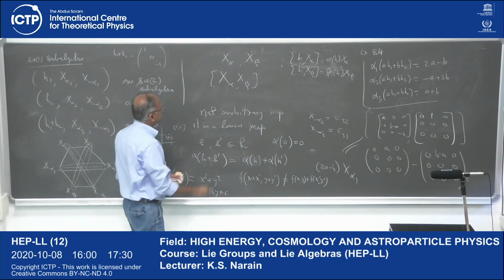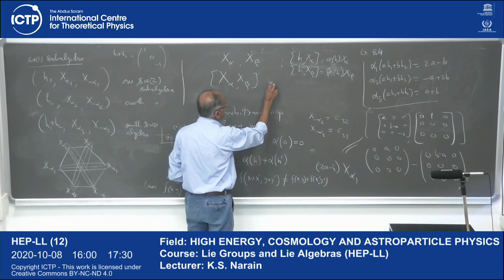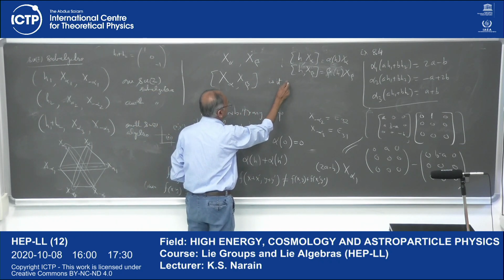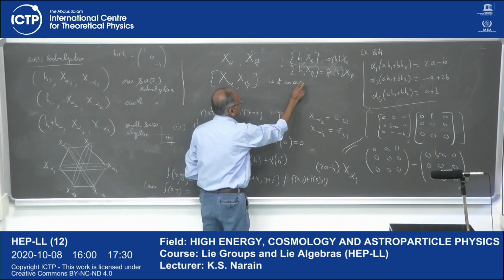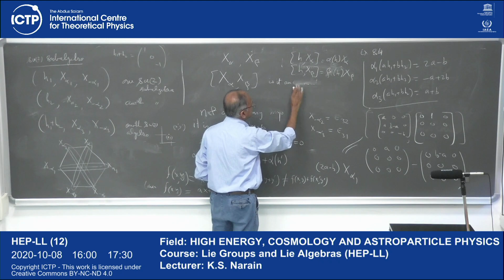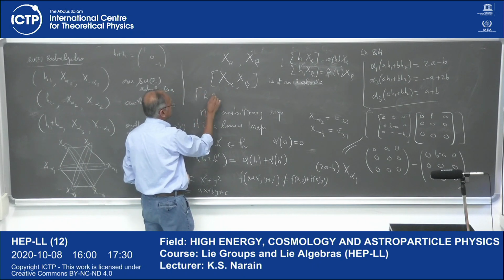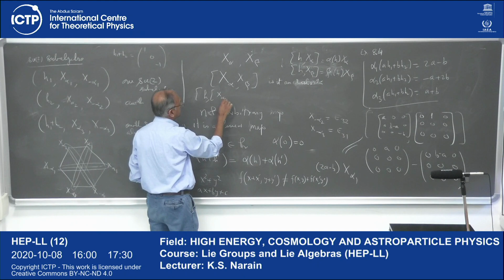So now let's take the computation. To ask whether this is an eigenvector, or a root vector, I just have to look at the commutation relation of this object with h.